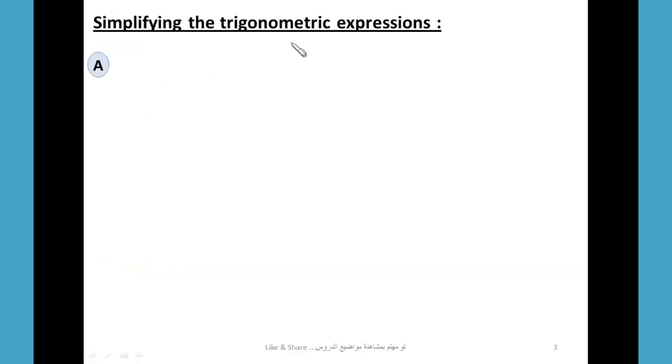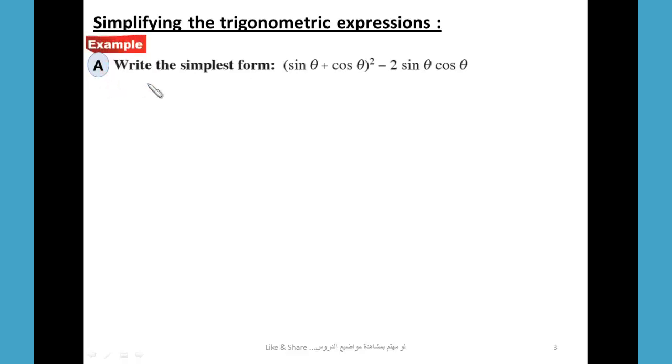Simplifying the trigonometric expressions. A, write the simplest form of sine theta plus cosine theta all squared minus 2 sine theta cosine theta. The required here is to write this expression in its simplest form.